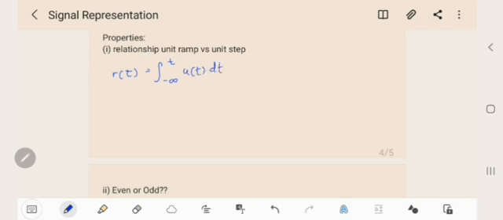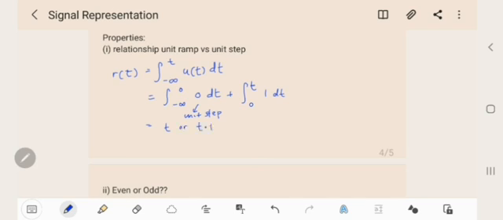Integrating from negative infinity to 0 gives 0, because the unit step is 0 for negative time, plus the integral from 0 to t of 1 dt, which gives t, or t multiplied by 1.